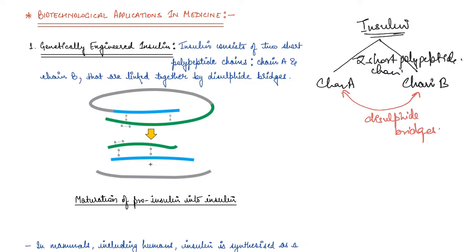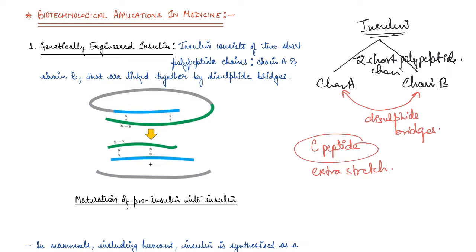Now, in mammals, including humans, insulin is synthesized as a prohormone, right? Prohormone needs to be processed before it becomes a fully mature and functional hormone. It contains an extra stretch which is known as C-peptide. Now, this C-peptide is not present in the mature insulin, right?